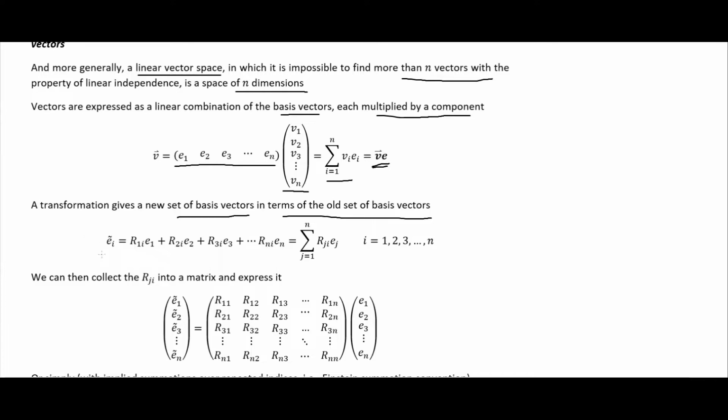And so we have our E tilde here, so that's the new basis vector. And so for each i, we go through the R1, then it has an i because that's the one we want to use for it, and multiply it by each of these basis vectors, because that will give us the new basis vector in terms of all the old basis vectors.